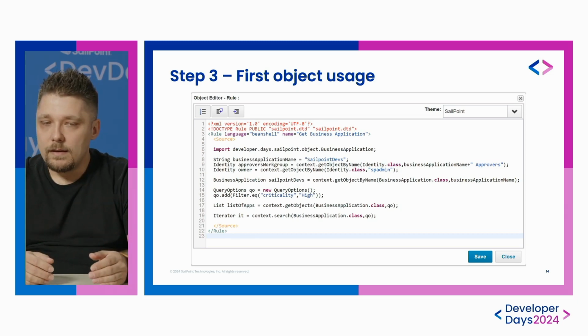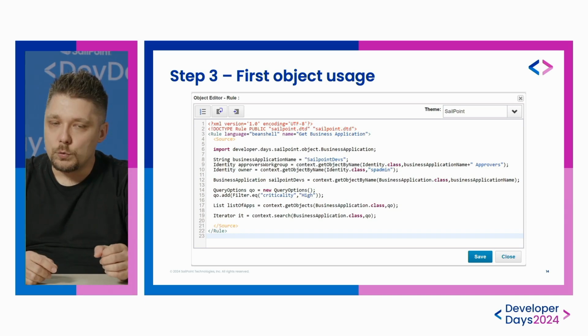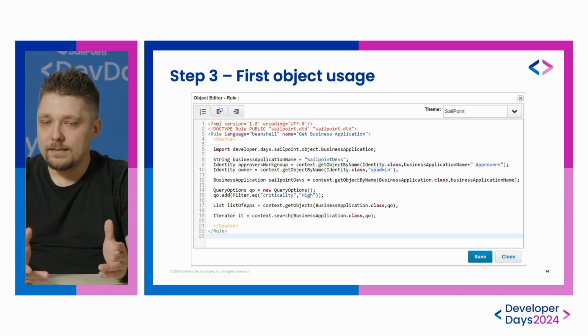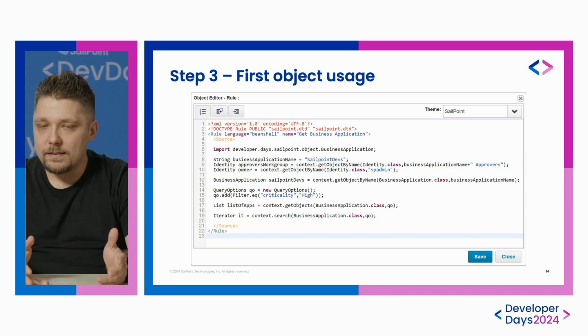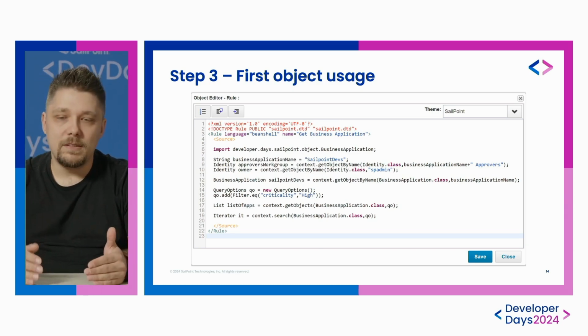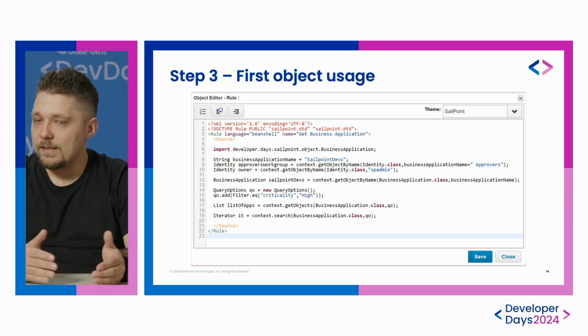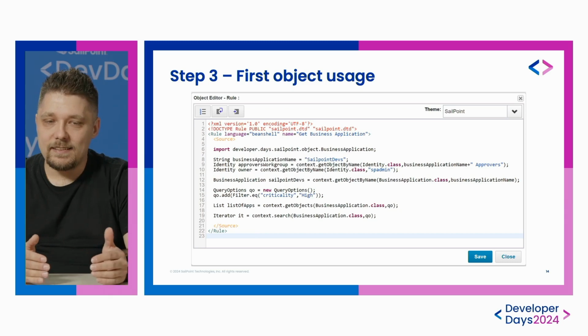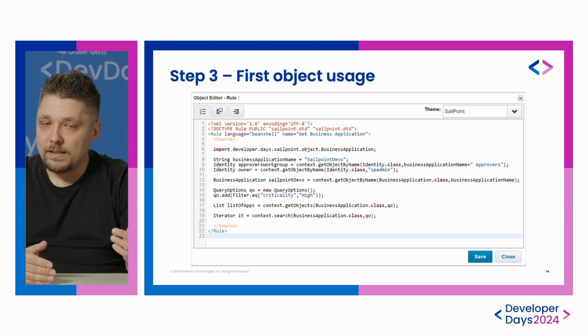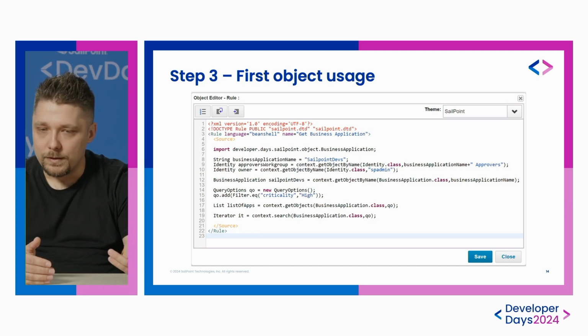And then, what's actually interesting, in line 12, you can see we are executing context.getObjectByName with BusinessApplication.class and the business application name, exactly the same way as we did it for owner and for approvers work group.